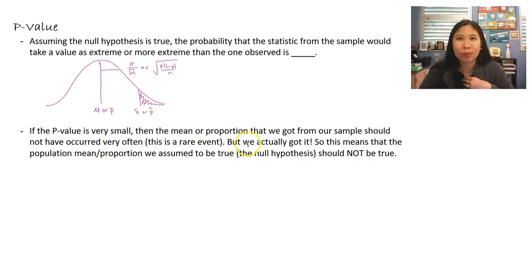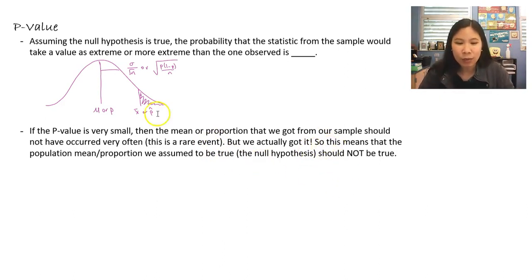But when we took our sample, we actually got that number. So if we actually got it and it's not supposed to ever happen, then what we assumed originally, that the null hypothesis was true, should not be true. Because if we're getting something from our sample that's not supposed to happen, then whatever we assumed to get that to begin with shouldn't be right.